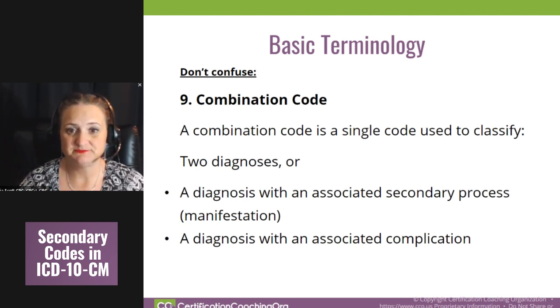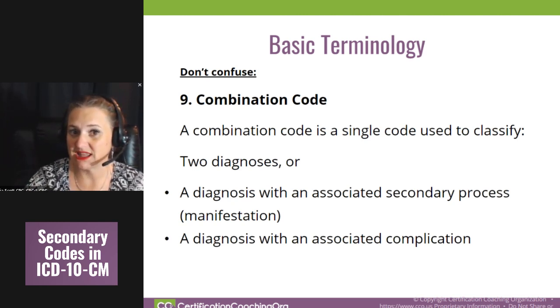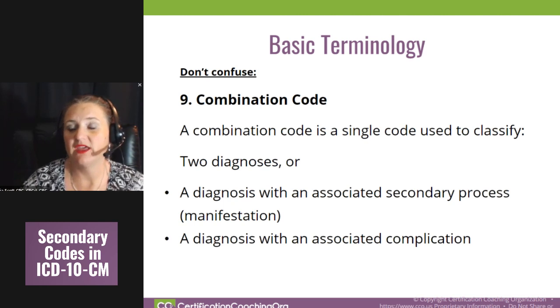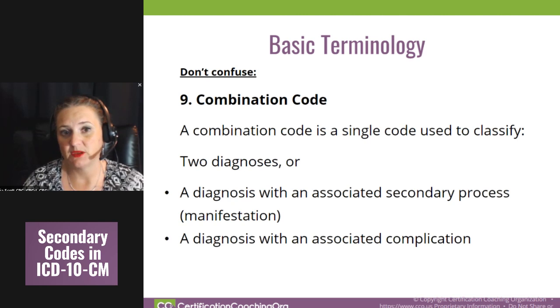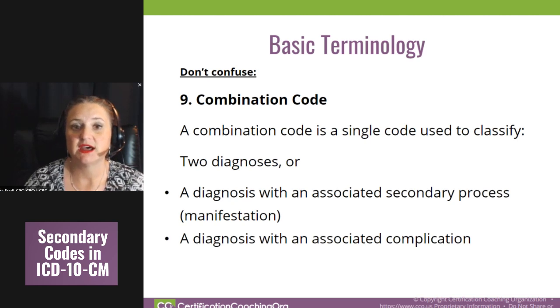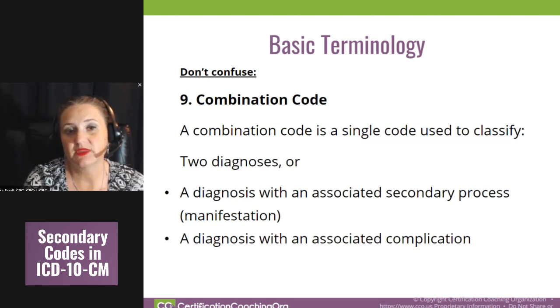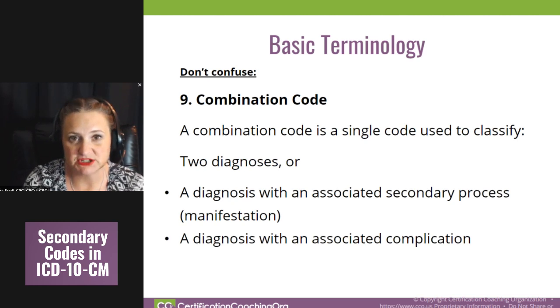So it's a combination, and it's a single code used to tell two diagnoses. Diabetes does this a lot, right? You have diabetes like E11.4, and then whatever the .4 condition is, you may be asked to go clarify that with another diagnosis code, right? Think of when a person has chronic kidney disease and they have hypertension.